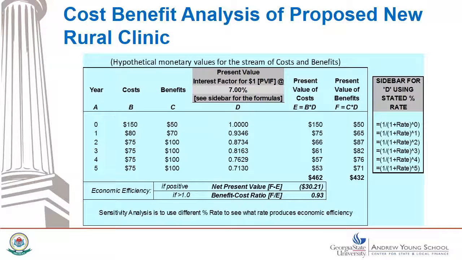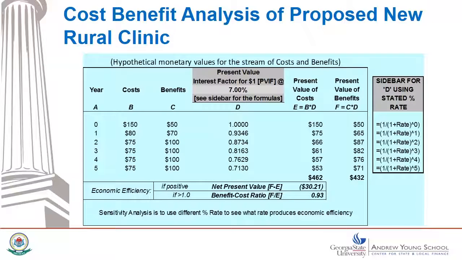The year column is column A. Costs are shown in column B. The initial cost of $150 is for construction of the new clinic, with $80 by the end of the second year for the remaining construction and equipment costs. For the other years, the $75 represents recurring costs. For benefit column C, the step up represents an increase in the target population learning about and using the new clinic, and then it stabilizes.